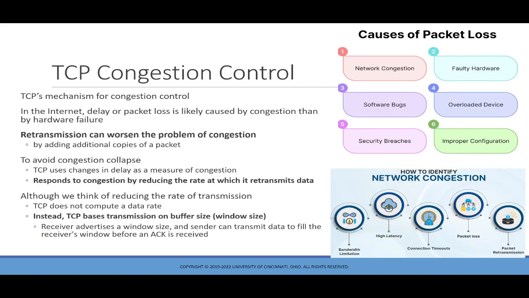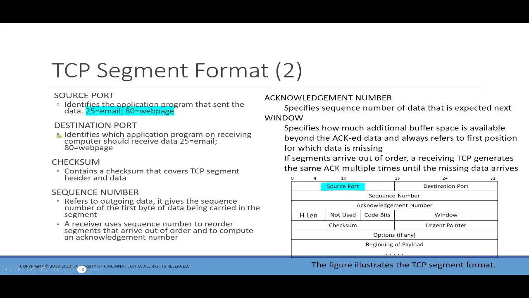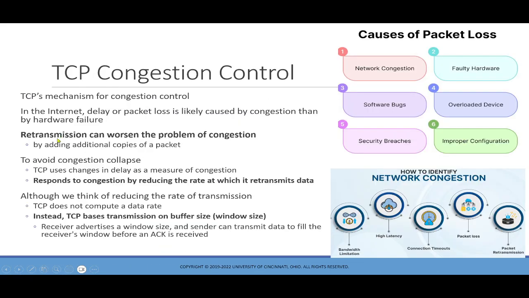So again, we're talking about congestion and how retransmission can actually worsen congestion. Because if a machine is being overwhelmed, packets aren't getting through, no acknowledgement is being sent, the sending computer sends them again.